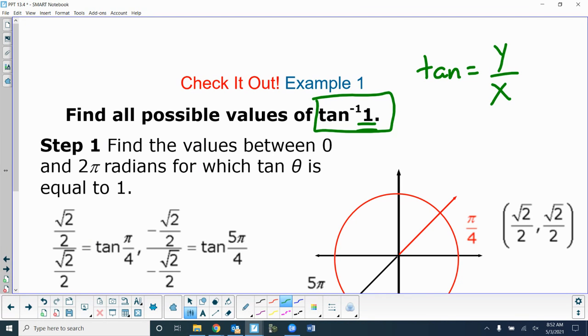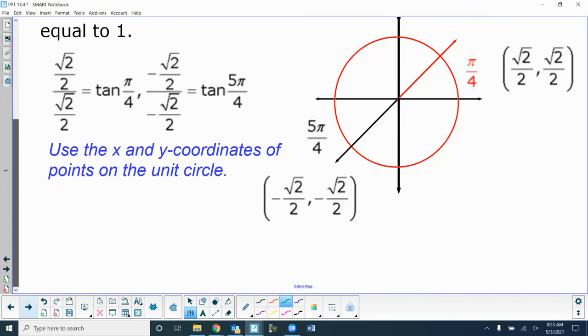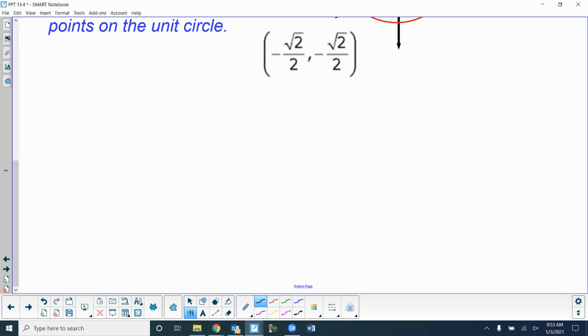Now, to get a positive, either they're both positive or they're both negative, right? So which two quadrants are the x and the y both positive or both negative? Think about it. X and y are both positive here, or they're both negative here.